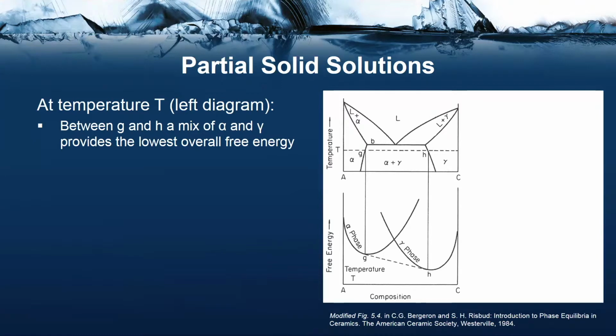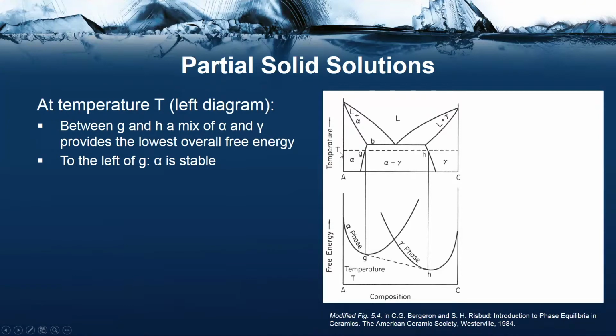On the left side of G, we don't have a shared tangent between the alpha phase and gamma phase, and therefore these two cannot be in equilibrium. Therefore, the alpha phase has the lowest overall Gibbs free energy in this region, and we only have alpha available right here.